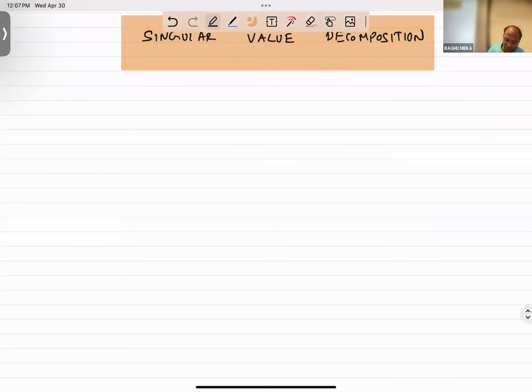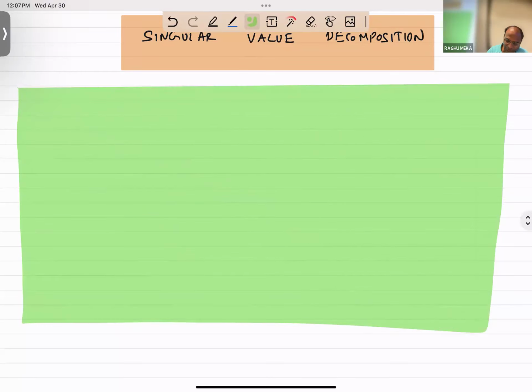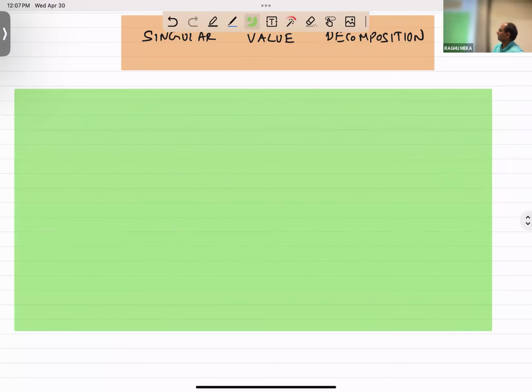And this is singular value decomposition. Okay, I'm just going to write it formally. Maybe some of you have already seen it. Something like eigenvalue decomposition is similar. So let me just state it. Then we'll see some quick examples and see how it connects to the problems that we have.